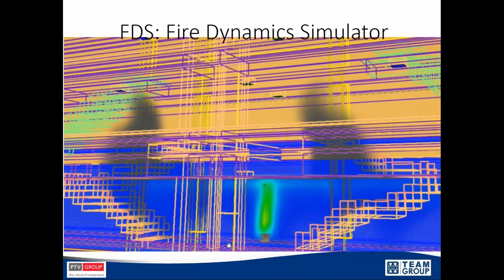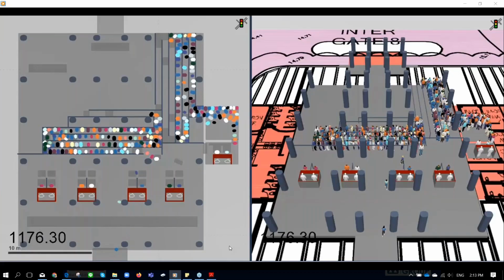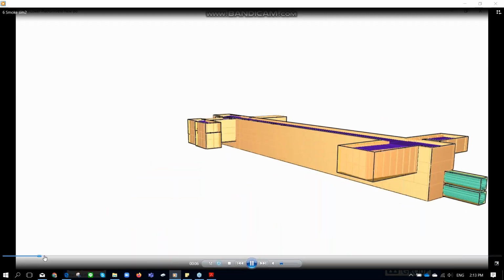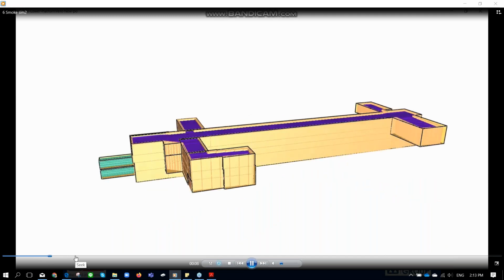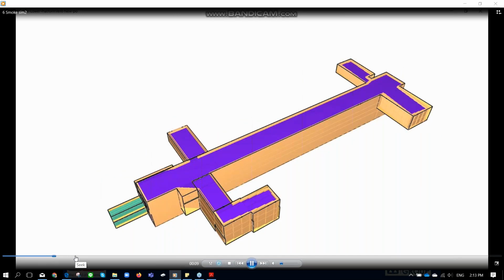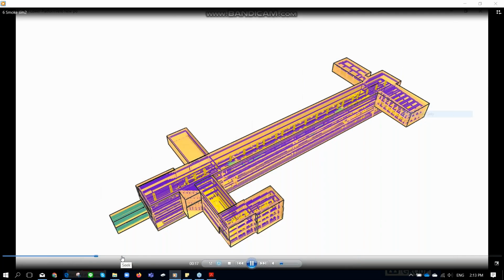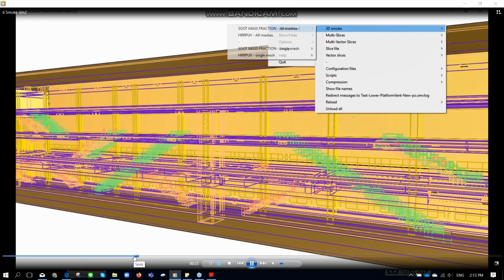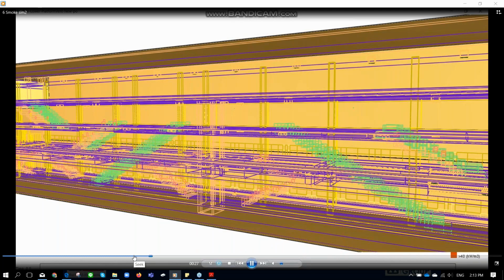Next is the Fire Dynamics Simulator. Let's give you an example of a subway station. This subway station was also designed in BIM, and we exported the BIM model to FDS, the fire simulator, to check how effectively the exhaust fans would work.